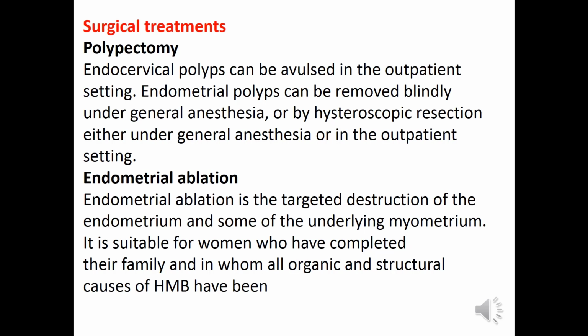Endometrial ablation is the targeted destruction of the endometrium and some of the underlying myometrium. It is suitable for women who have completed their family and in whom all organic and structural causes of heavy menstrual bleeding have been excluded.